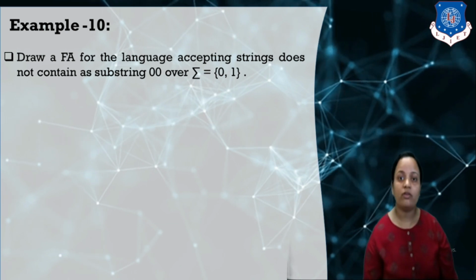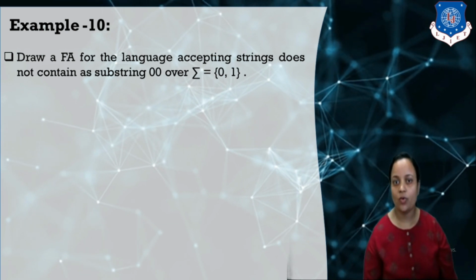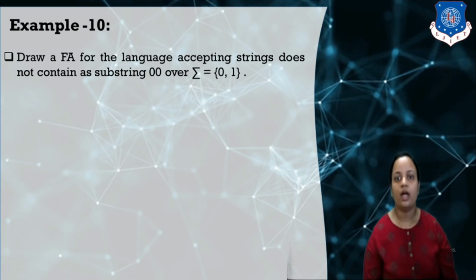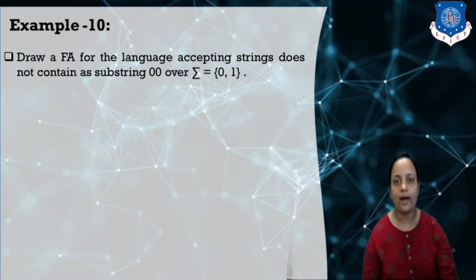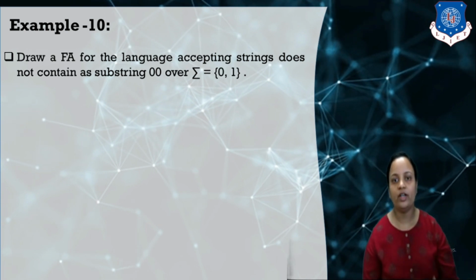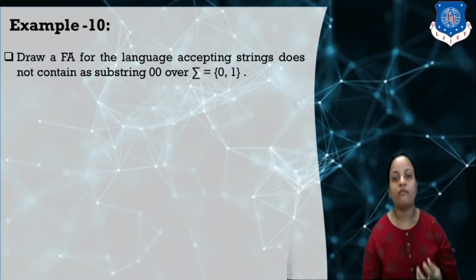As we already discussed in a previous video how to draw the DFA for containing a substring, this example is actually the complement of the DFA which represents the language containing the substring 00.